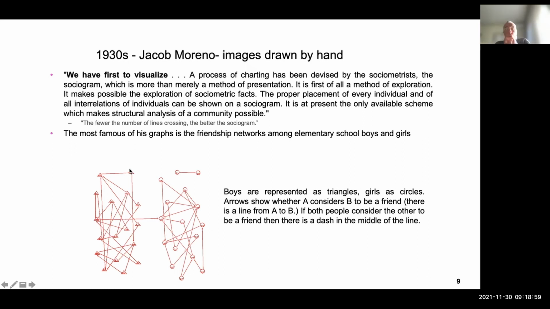One of the most famous drawings, which you saw during my class, is the social network of boys and girls. Boys are represented by triangles, girls by circles, and here there is the friend relationship. There is a line between two elements representing that this one is a friend of that one.